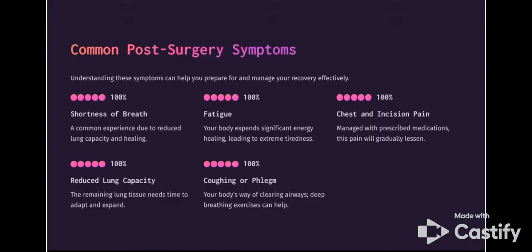Some normal post-surgery symptoms include shortness of breath, fatigue, chest and incision pain, mucus or coughing, and temporarily reduced lung capacity. These symptoms improve gradually as swelling decreases and the remaining lung adapts.